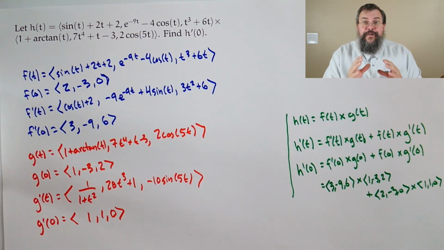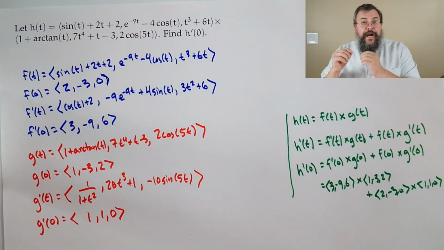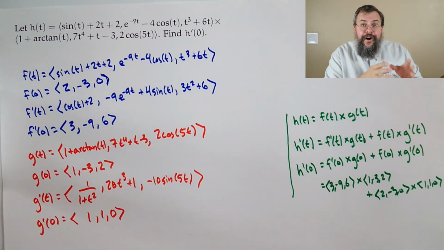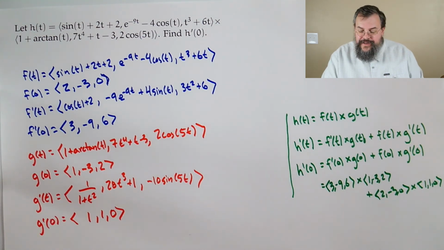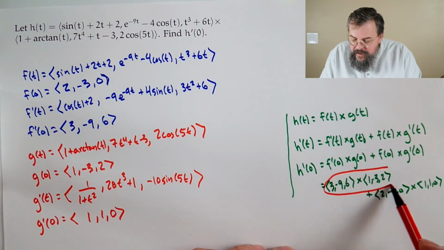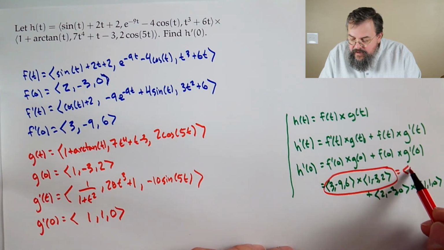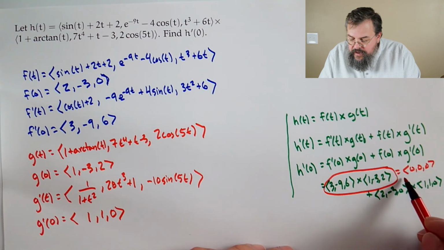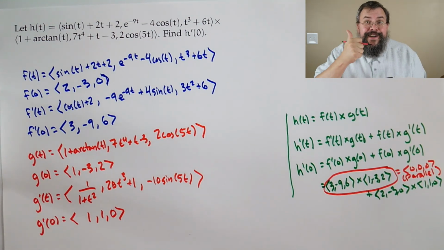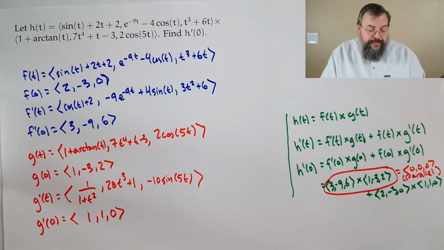It's one of the fun things about cross products. Remember, the dot product of perpendicular vectors is 0. The cross product of parallel vectors is also 0. So, because these are parallel, this is going to equal 0, 0, 0. So, we've now reduced to saying we have to do just 1 cross product to finish it off.